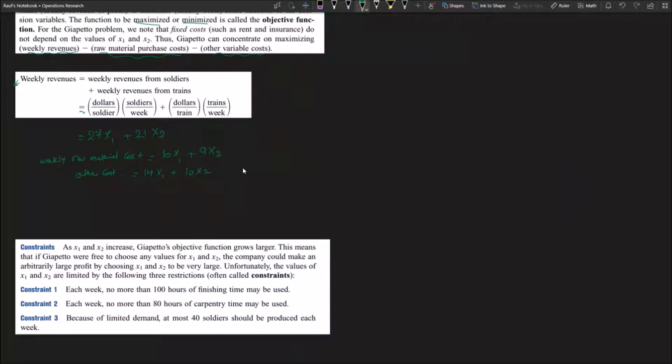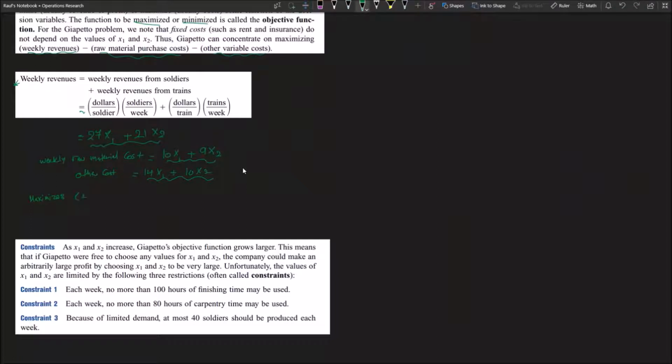So the company needs to maximize the summation of the revenue, which is the price of each product sold, minus the other costs and the raw material that the factory pays out of pocket.